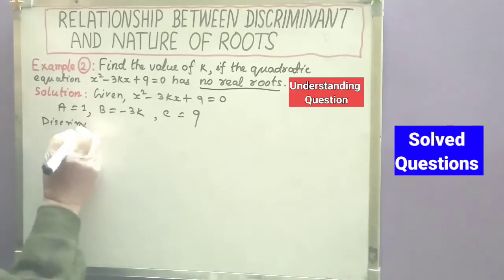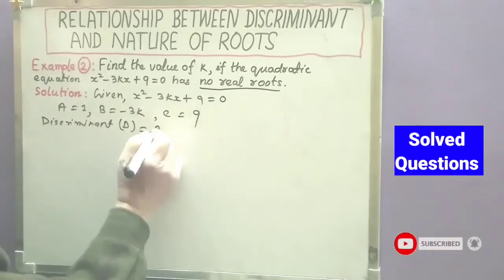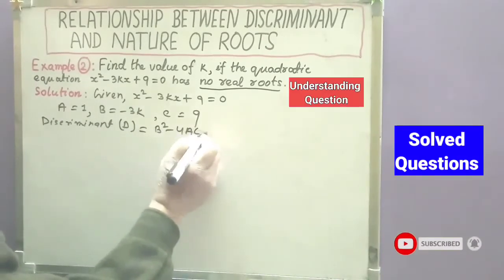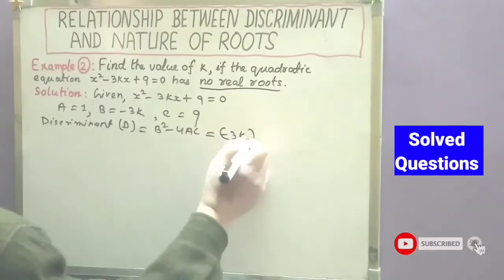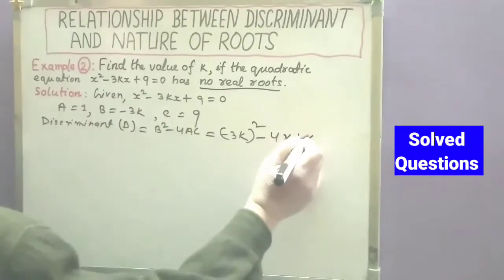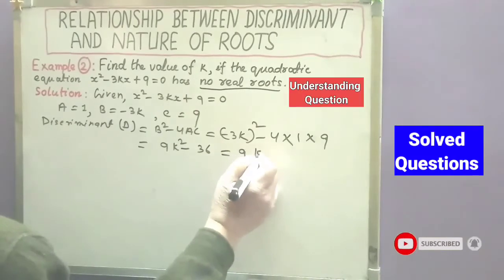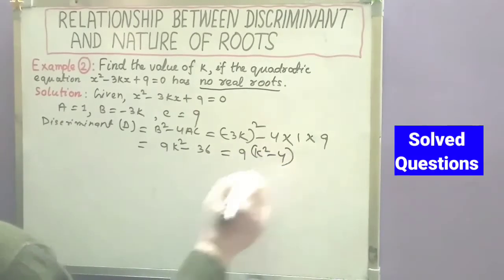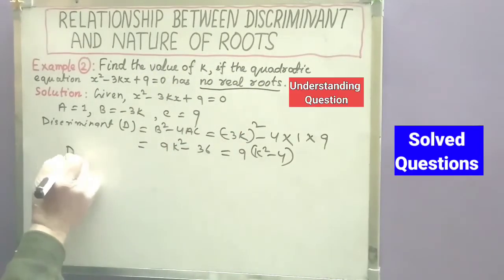Now, discriminant d equal to b square minus 4ac, that equal to minus 3k whole square minus 4 into 1 into 9, that's equal to 9k square minus 36, that equal to 9 whole into k square minus 4.